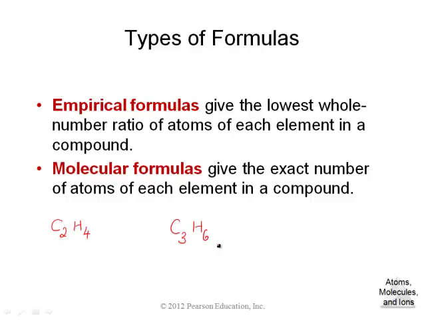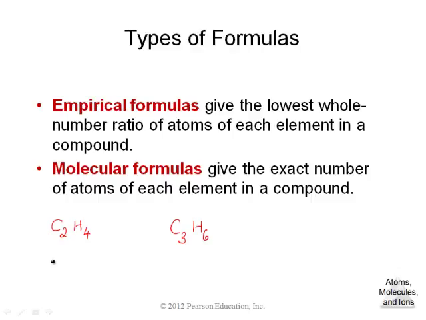Now, if I were to write their empirical formulas, what do I write? Remember, empirical formula is the lowest whole number ratio between atoms of each element. So if you look at the ratio between the carbon and hydrogen in ethylene, 2 to 4, is that the lowest possible ratio? 2 to 4 can be further reduced to 1 to 2, right?